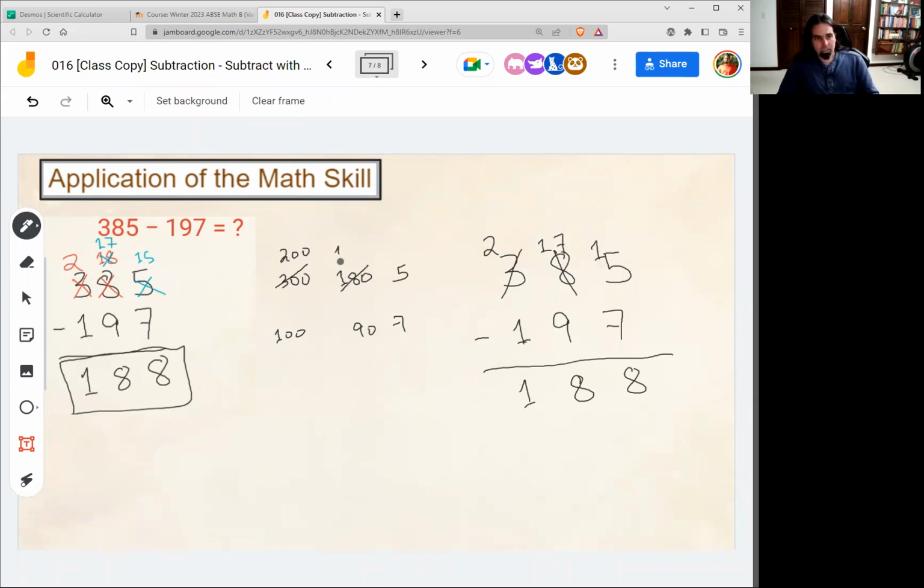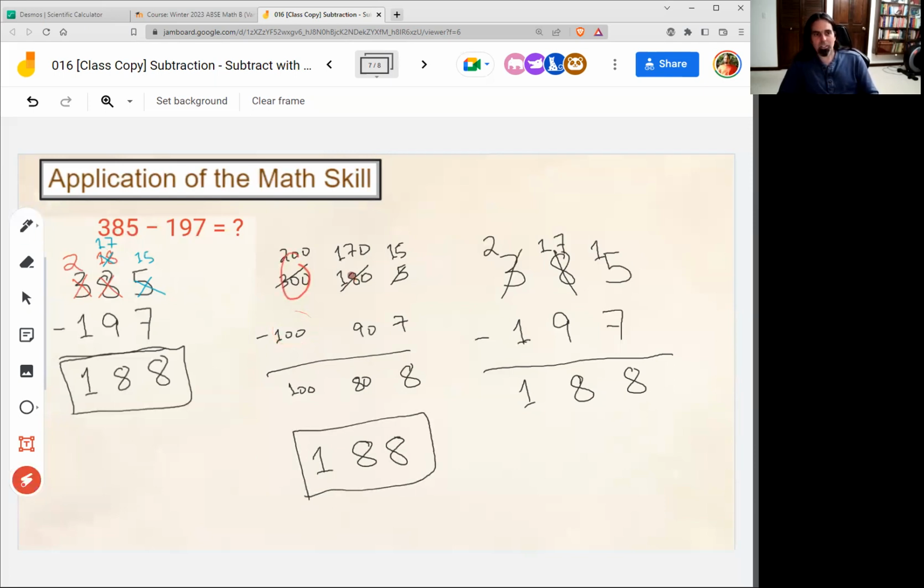Take the 180, take away 10 to get 170. And then that becomes 15. So if you break everything apart so the place value is written out and not just kind of hidden the way we normally write numbers, then some people like that way.